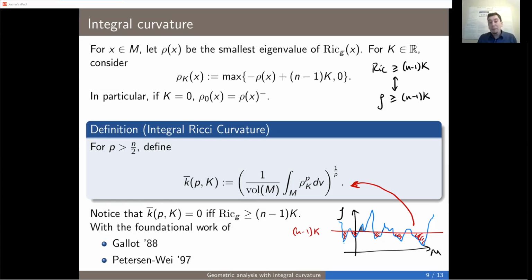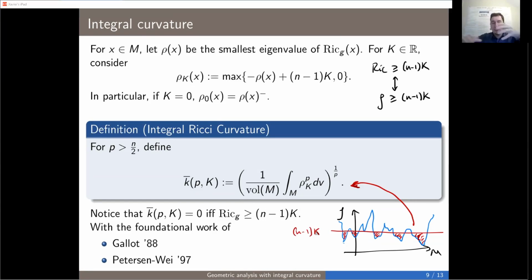All right. So maybe the first person to consider these kind of integral curvature assumptions was Gallot in the 80s, who proved some Sobolev inequalities. The important thing there is that the constants of those Sobolev inequalities only depended on these curvature assumptions.